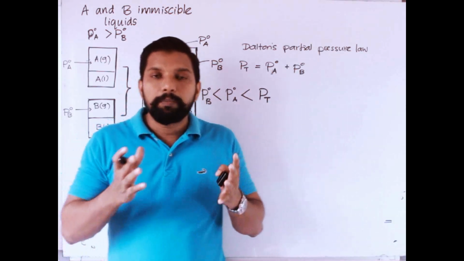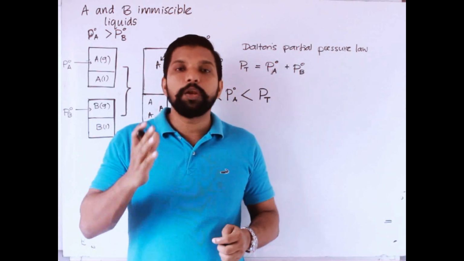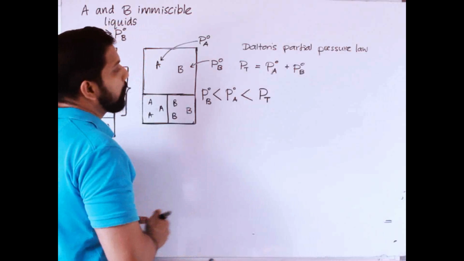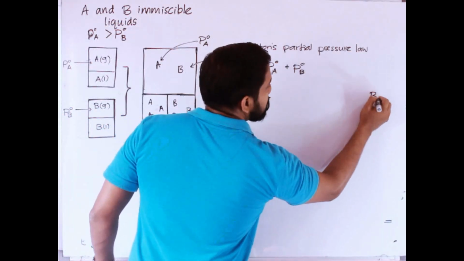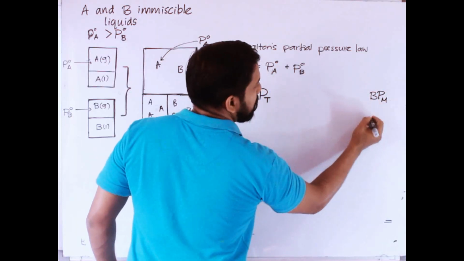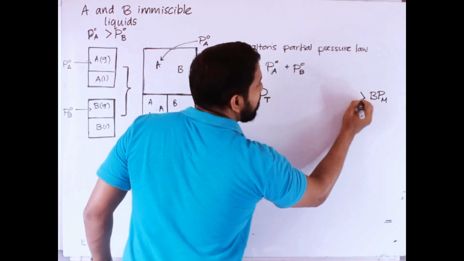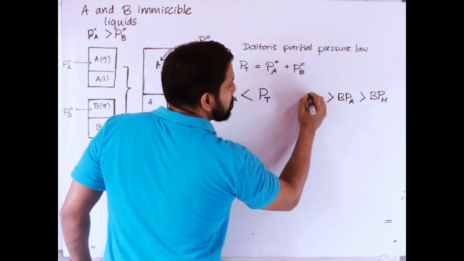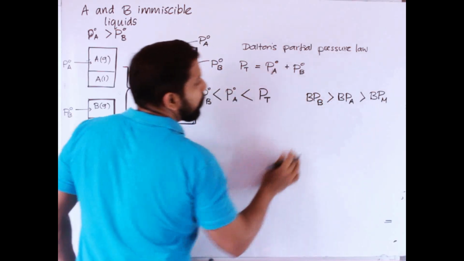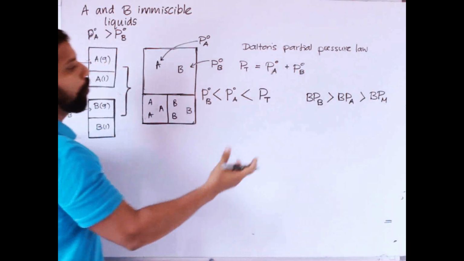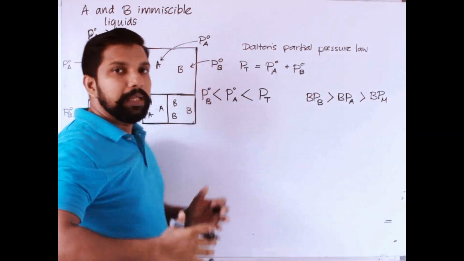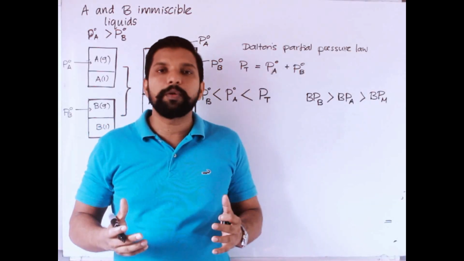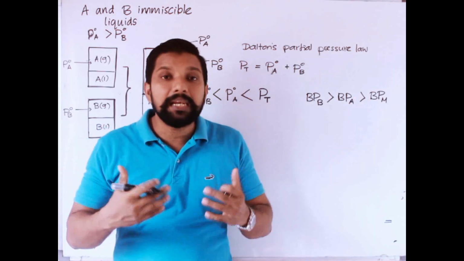What is that effect? The boiling point of the mixture is going to be lower than the boiling points of both the liquids. So it's interesting. The boiling point of the mixture is going to be lower than the one with lower boiling point, that is A, which has a lower boiling point than B. So your mixture is now more volatile than both A and B. That's why when you mix kerosene and water together, the boiling point of the mixture is going to be less than the least boiling point one.